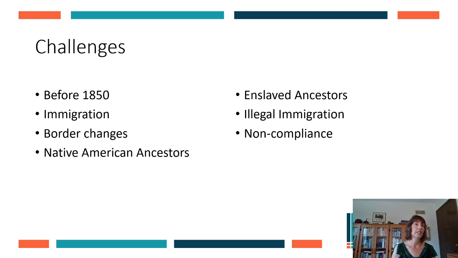Here are some of the challenges you might find. We've already mentioned before 1850. Before that, the census only recorded the head of the family. Wives and children were not named. That can create some issues in going before 1850.